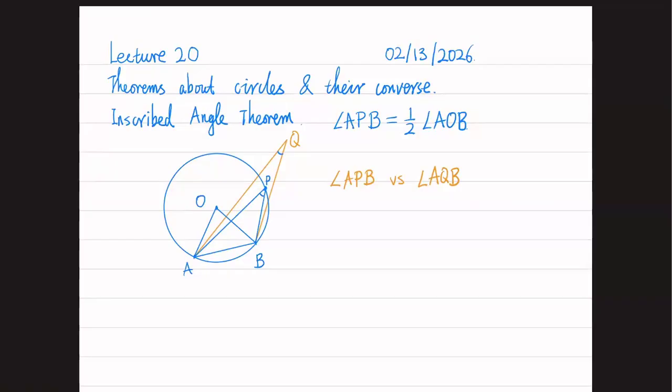Let's check. This one, if we add these three angles, we get 180. This one, we add these three angles, we get 180. Now you can see this angle is smaller than this one. We're missing this part.